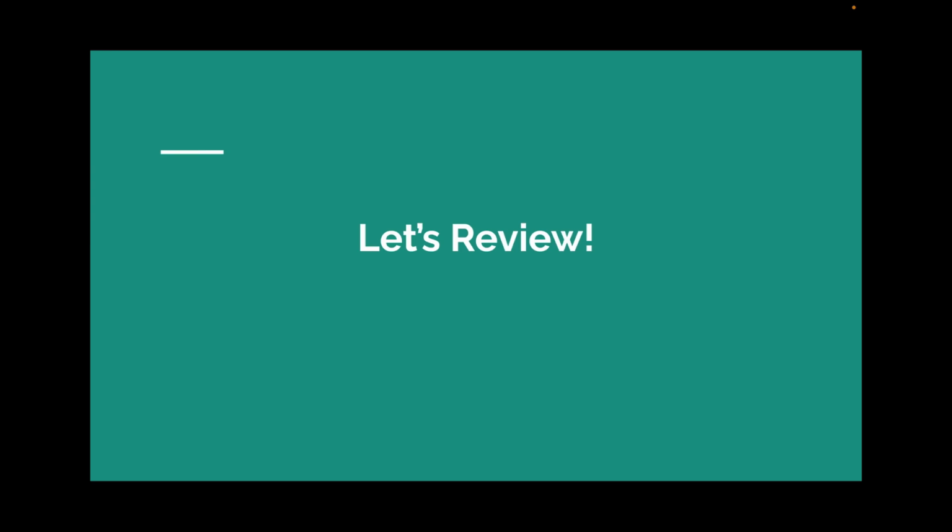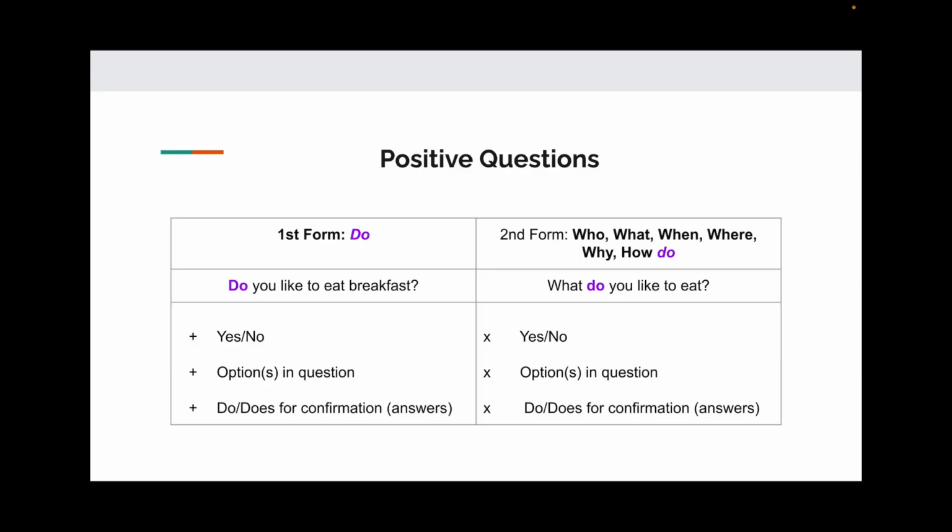And so now that we finished our quizzes, we can review what we've learned. Here we have our positive first form and second form questions. For the first form, you can answer questions like, do you like to eat breakfast, with yes or no, but it's optional. They typically have the options in the questions, and you can use do or does for confirmation in your answers.